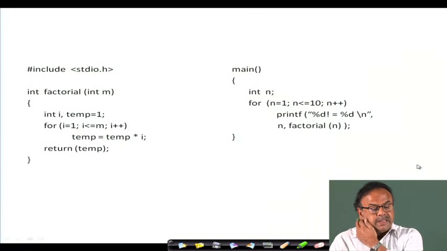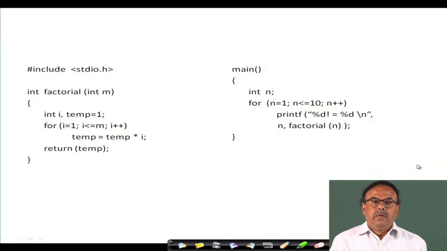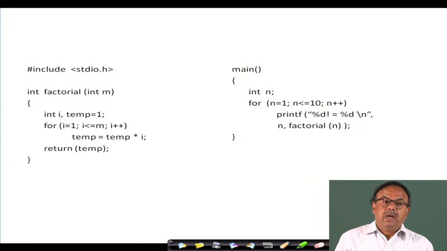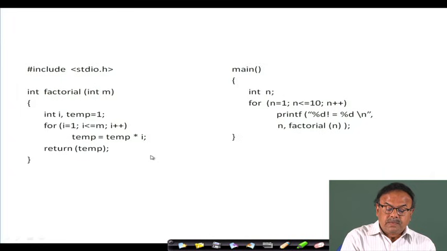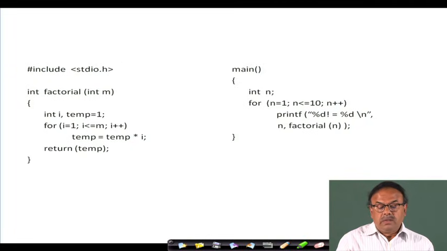So, here is an example of factorial. First I have written the function here, and then I have written the main. However, in whatever way we write, the program while execution will enter the main first.